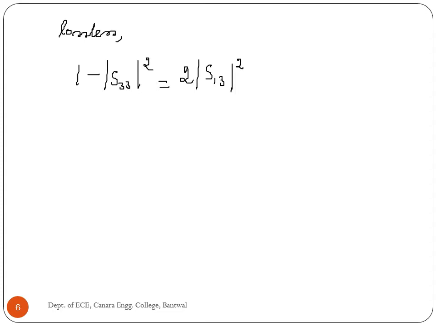Since the junction is assumed lossless, the input power must be equal to the output power, that is 1 minus square of S33 is equal to 2 into square of S13.